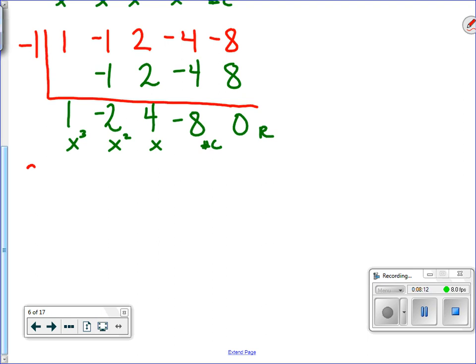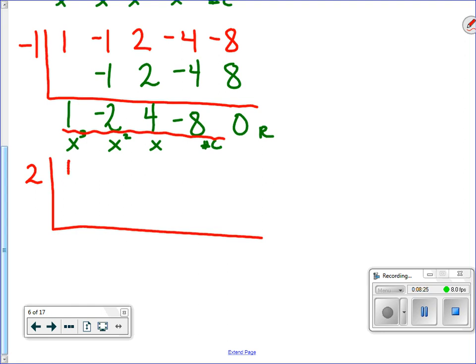So now let's go through the process. We're going to factor out that x minus 2. So you're going to use, once again, that most recent set. There's no reason to write out the x cubed, x squared, x. So let's write the coefficients. Okay, now we're taking out an x minus 2, or technically this 2 here.